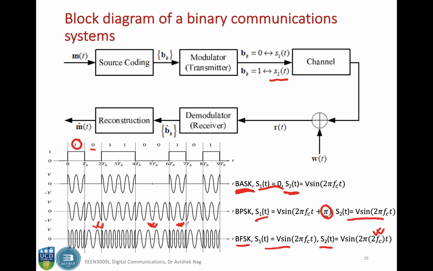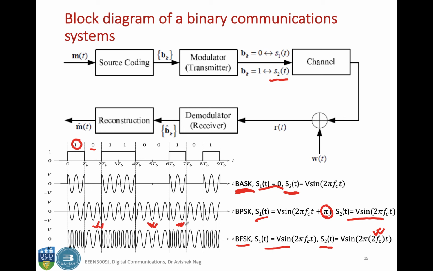For example, you can send 2 bits at a time, and 2 bits together can have 4 patterns: 00, 01, 10, and 11, and then you can send 4 different signals corresponding to 4 different patterns. So this is a more general concept, but let's not go there. We will go through those later.